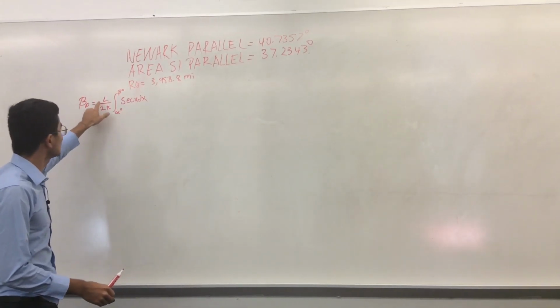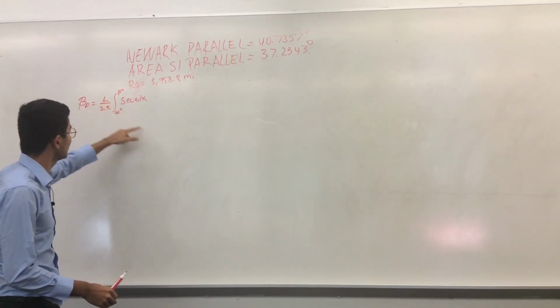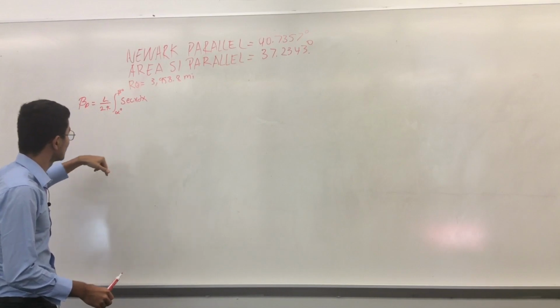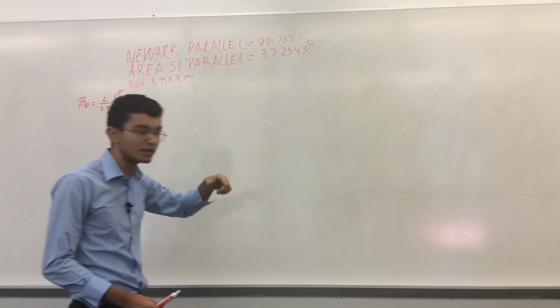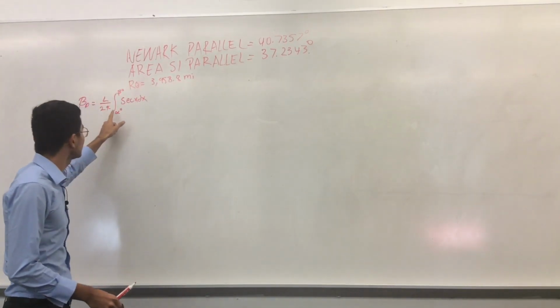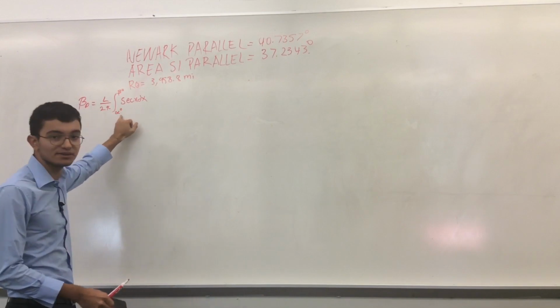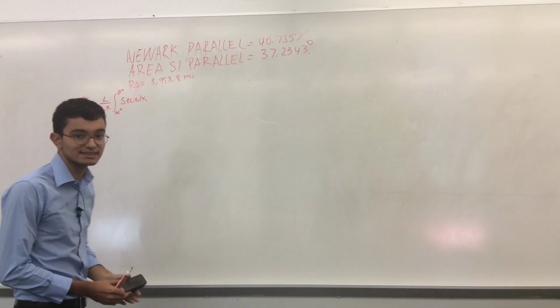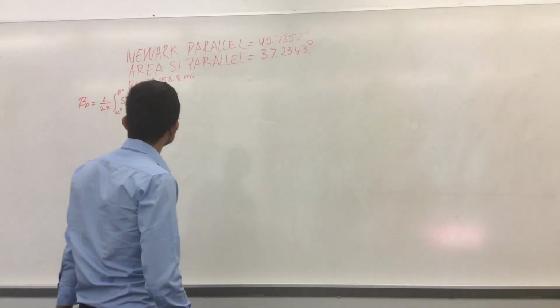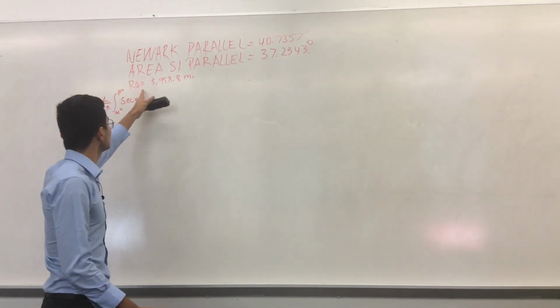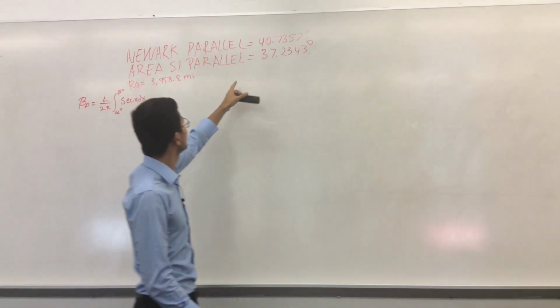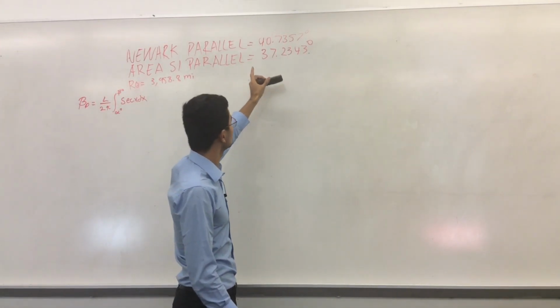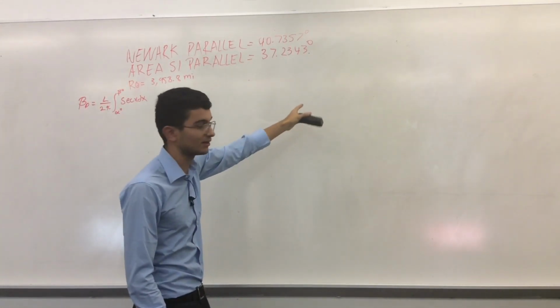That's going to be equal to the length of the Earth's equator divided by 2 pi, times the integral from one of the latitude coordinates to the other of secant x dx. In order to do that, we have to know the radius of the Earth, and the parallels of Area 51 and Newark.